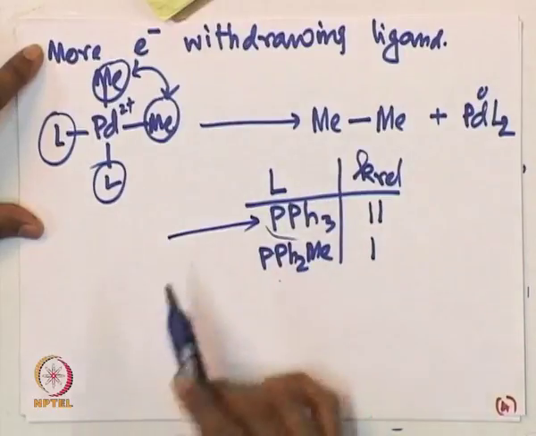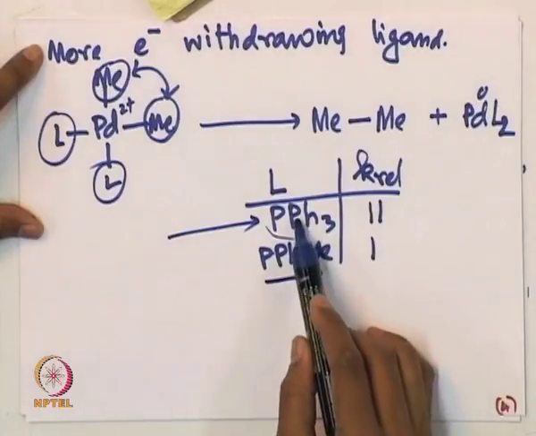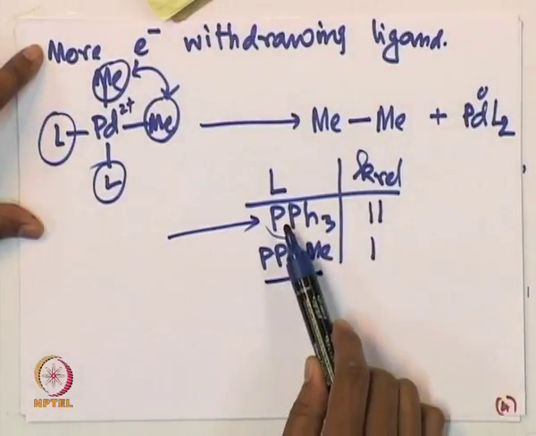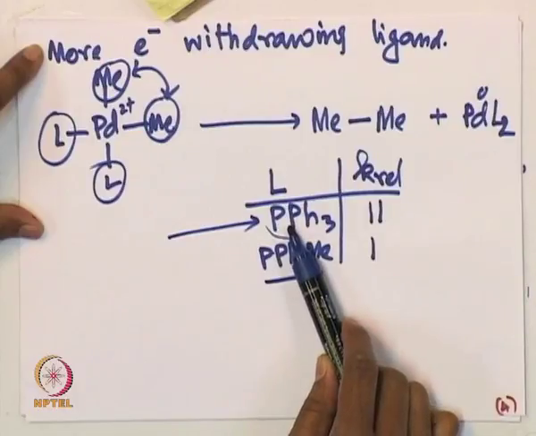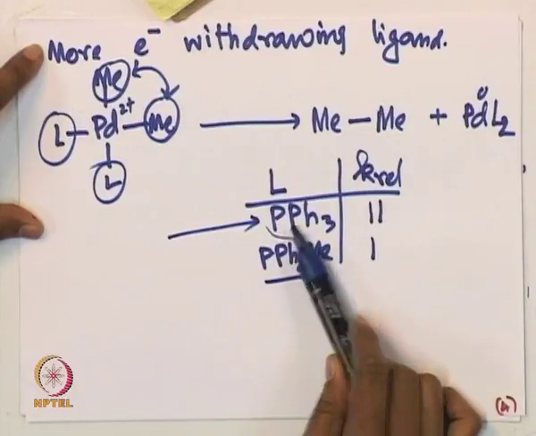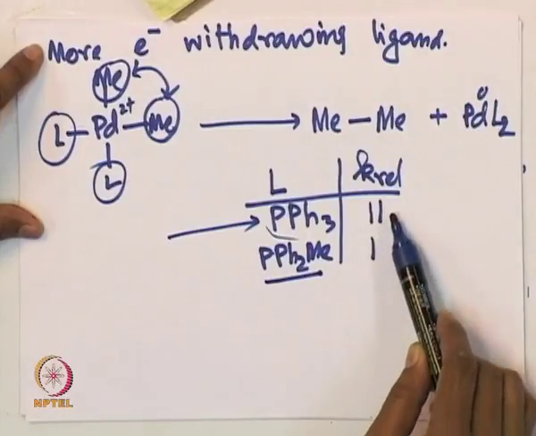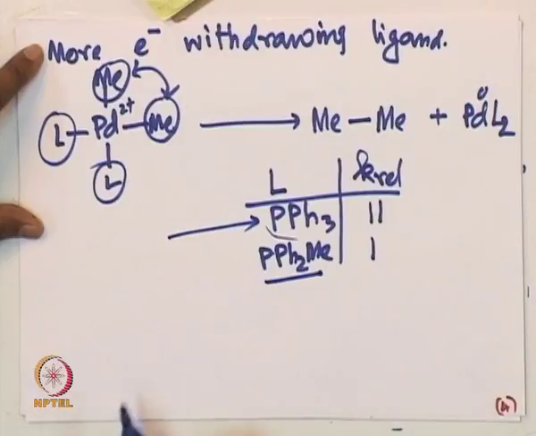This is going to be more electron rich, right? This is more electron rich compared to this. So you need a bulkier ligand as well as an electron deficient ligand for reductive elimination. You see that's why the relative rate is varying, like 11 versus 1.